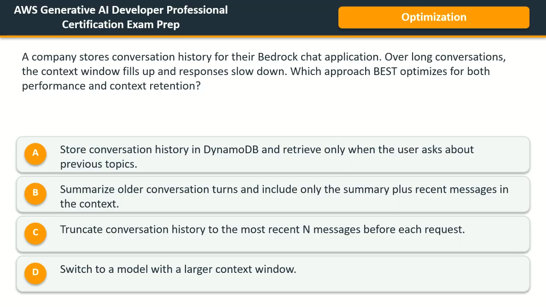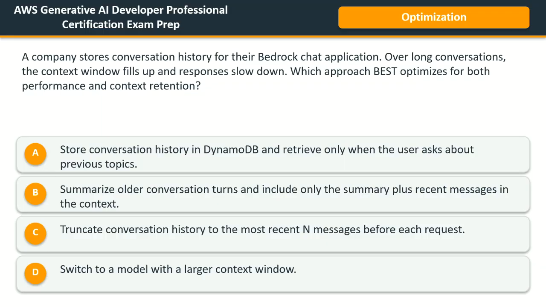Option B, summarize older conversation turns and only include the summary plus recent messages in the context. Option C, truncate conversation history to the most recent N messages before each request. Option D, switch to a model with a larger context window. The correct answer is option B.